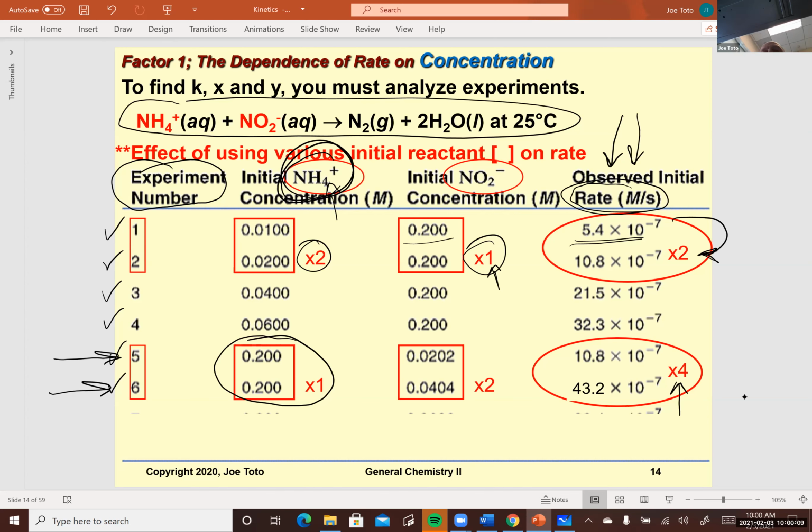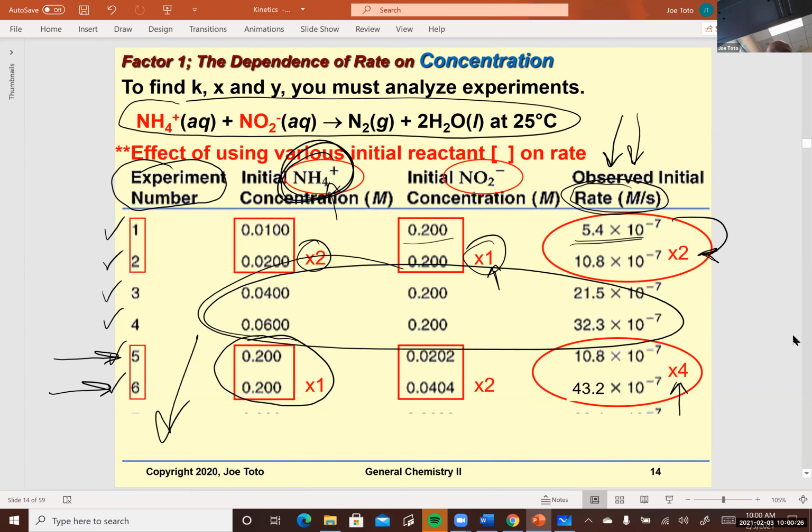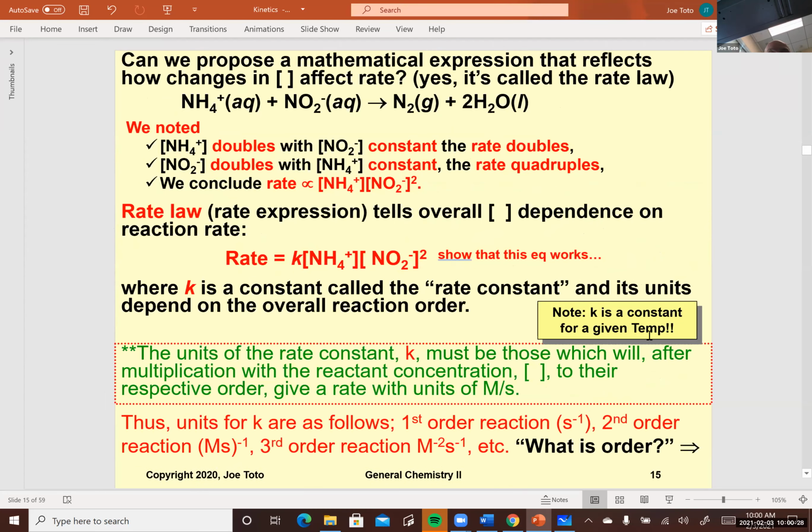Now, how can this effect be translated into a mathematical formula? How can you use this to make the rate law to predict the results for any experiment that you have and any other one that you might do? We're going to show you how to do that. Again, we note what happens.